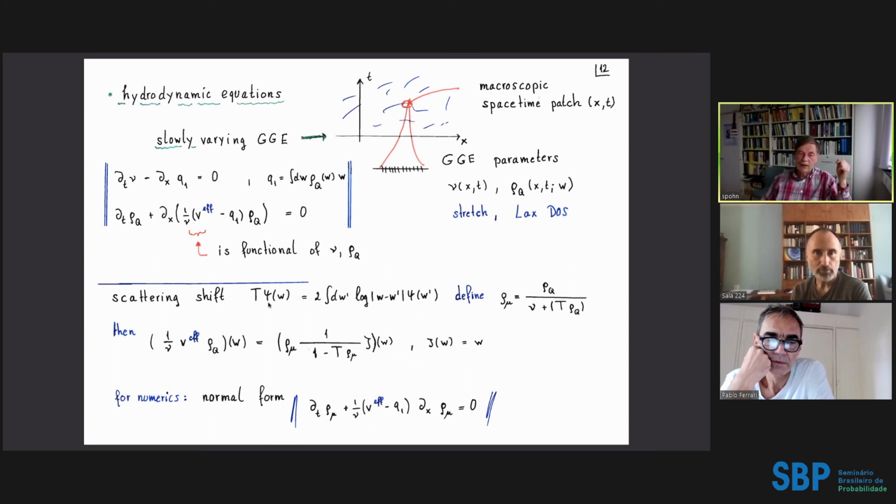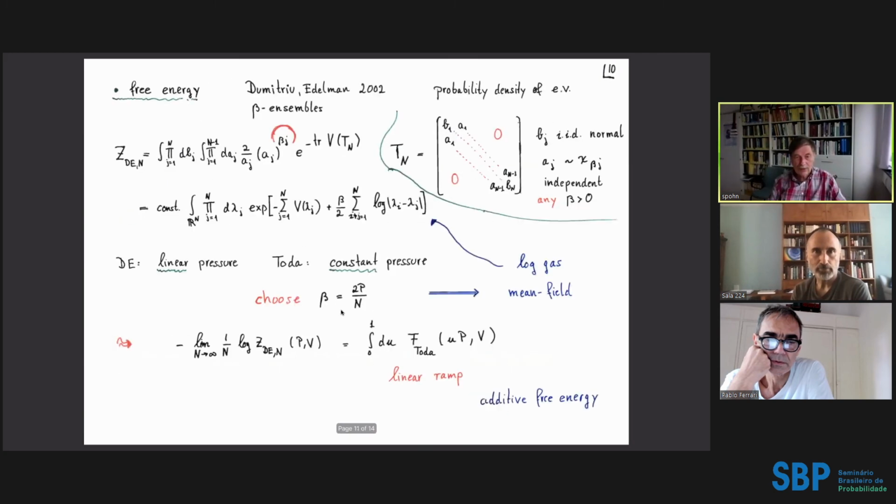So this T operator is a priori defined in terms of the scattering dynamics. And you could see that the logarithm appeared in this formula which I showed you for the free energy.